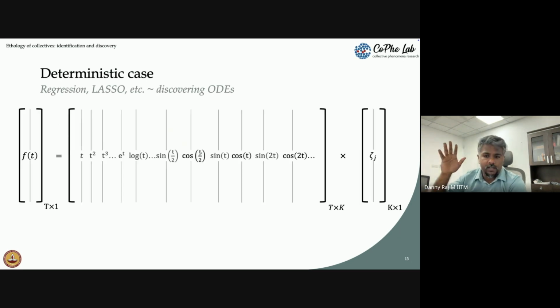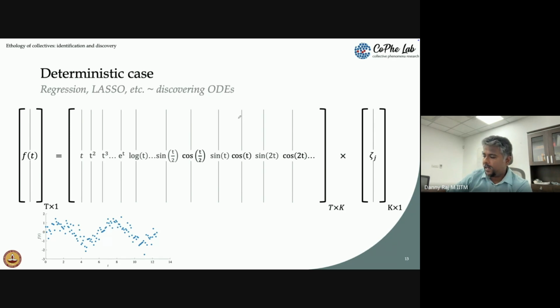So how do you pose an identification problem? Here is one way. I've taken every candidate function and I've lined this up. So let's try to understand this well. You have this time series, the data, and I'm bringing the data here again for convenience. Every point here corresponds to one entry here.